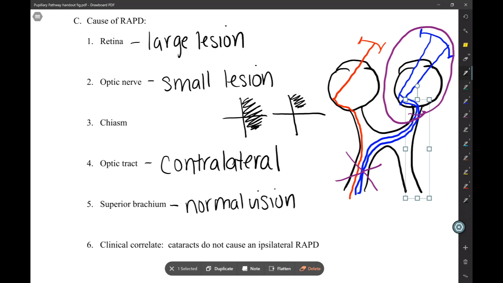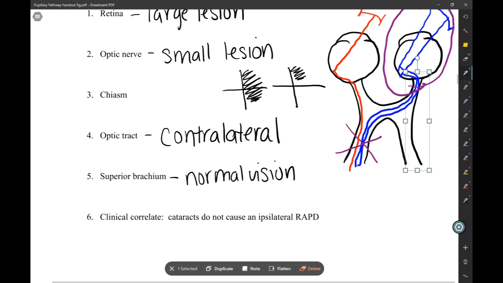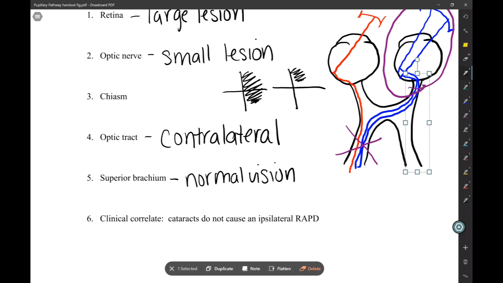You don't get an ipsilateral relative afferent pupillary defect from media opacities, and that includes cataracts. You might think that when the light can't get through a cloudy lens to stimulate the retina, you would experience a relative afferent pupillary defect.